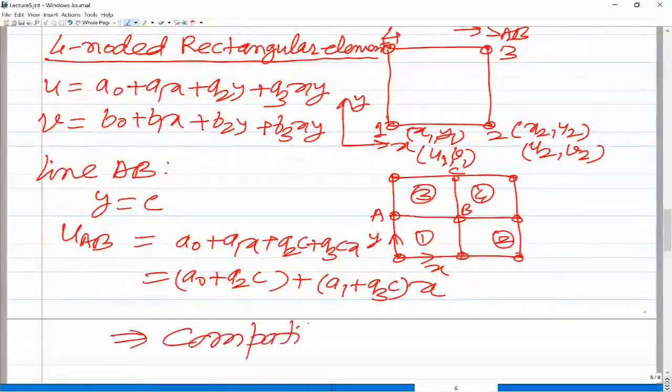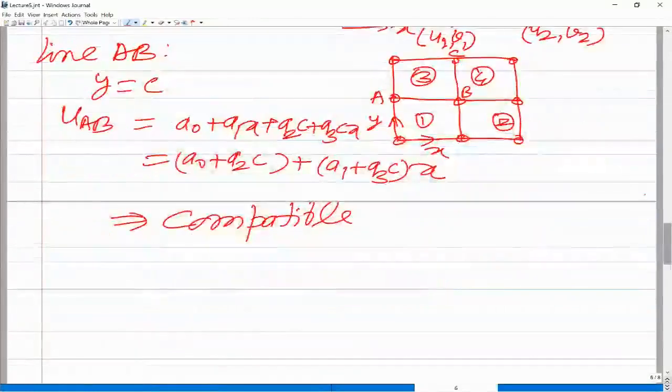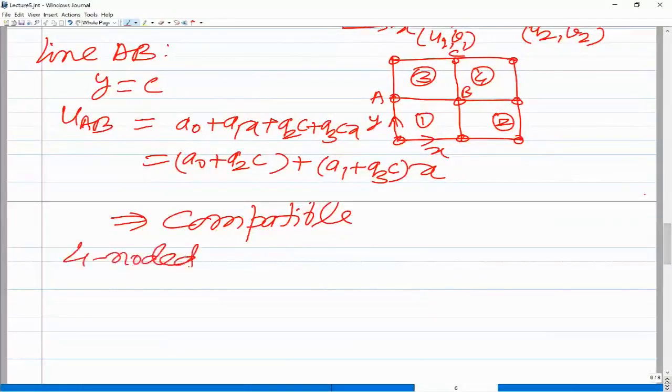But important thing here is that basically the element is a rectangle. Now let us talk of a four noded quadrilateral element, so general quadrilateral.